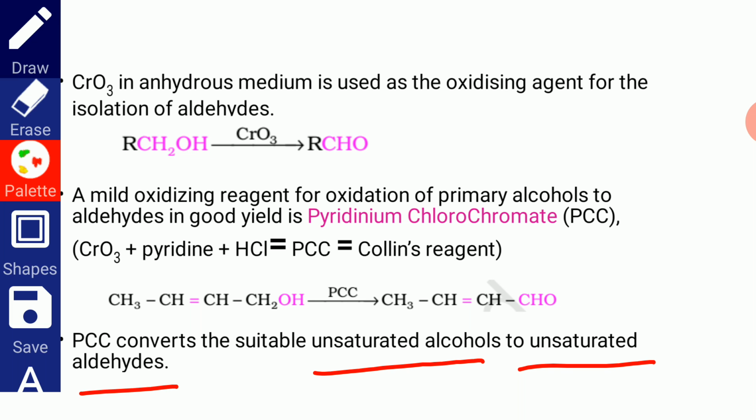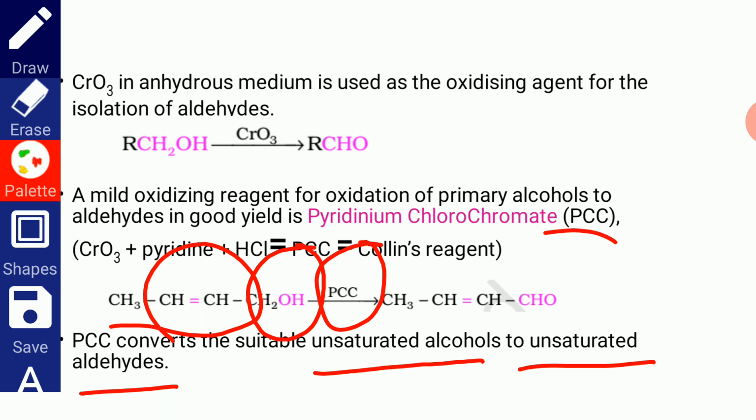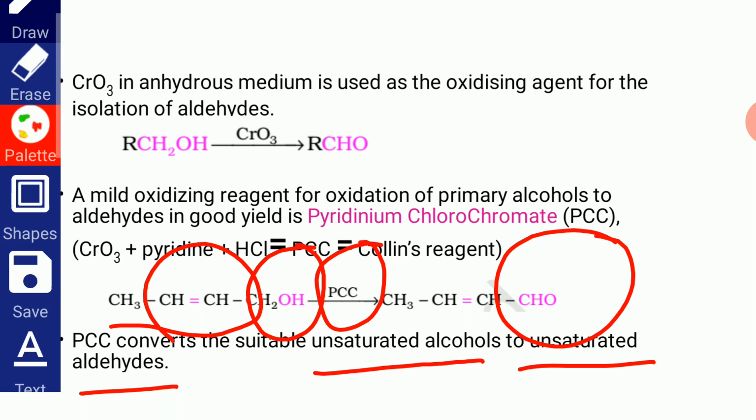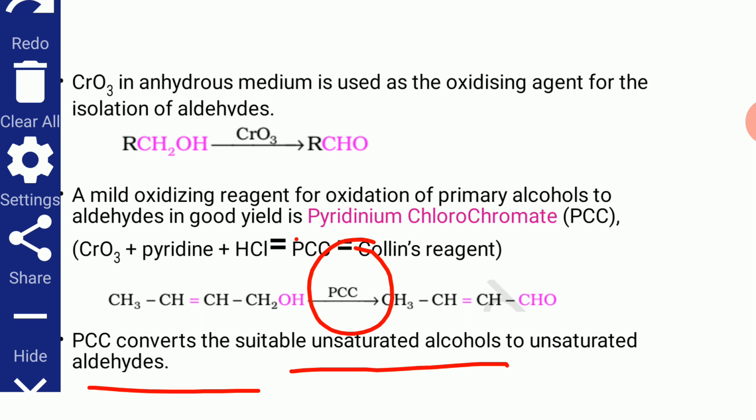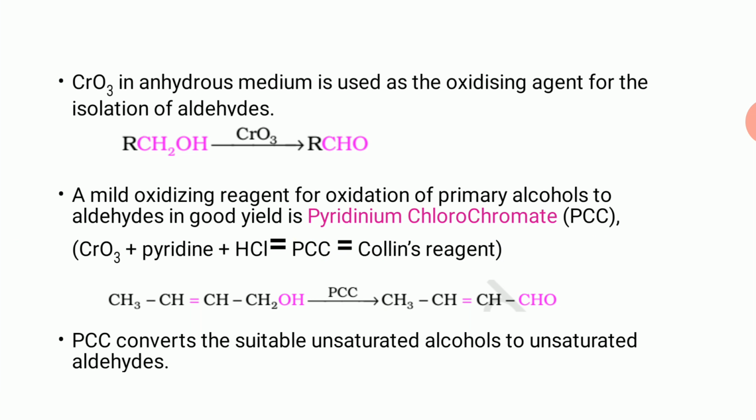That means the PCC will not affect the double bond. It will simply oxidize the hydroxyl group to the aldehyde group. So, to obtain the unsaturated aldehyde from unsaturated alcohol, we use PCC, also called the Collins reagent.